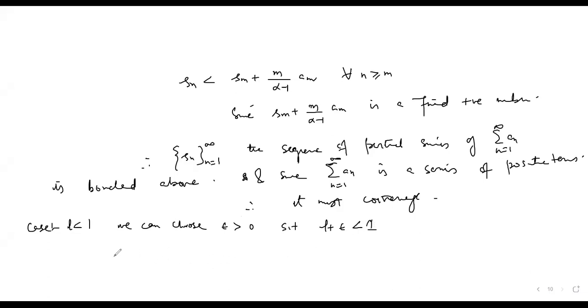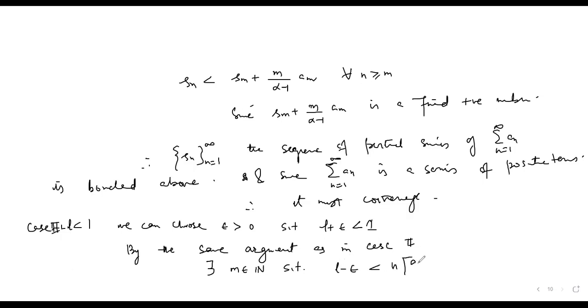So now by the same argument as in case 1, there exists an m belonging to the set of natural numbers such that L minus epsilon is less than n times an divided by an plus 1 minus 1 is less than L plus epsilon, of course, which is less than 1 by our choice.